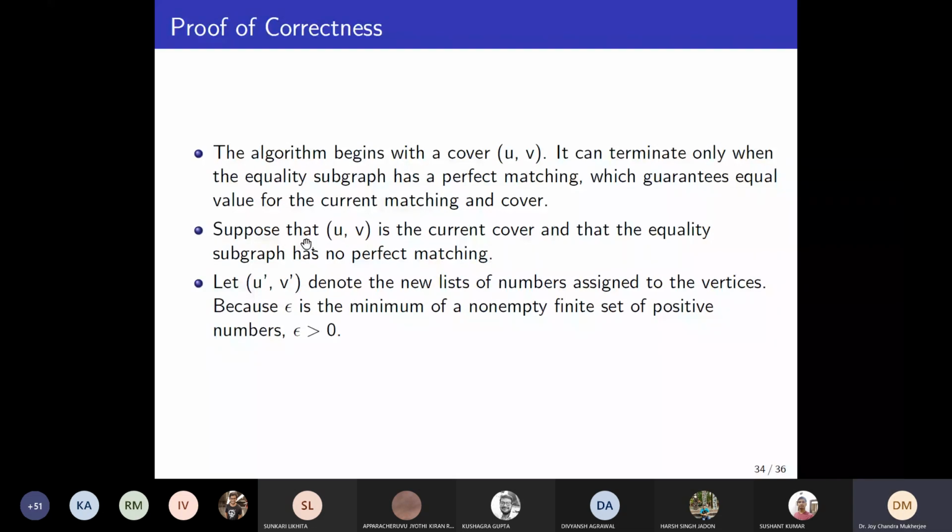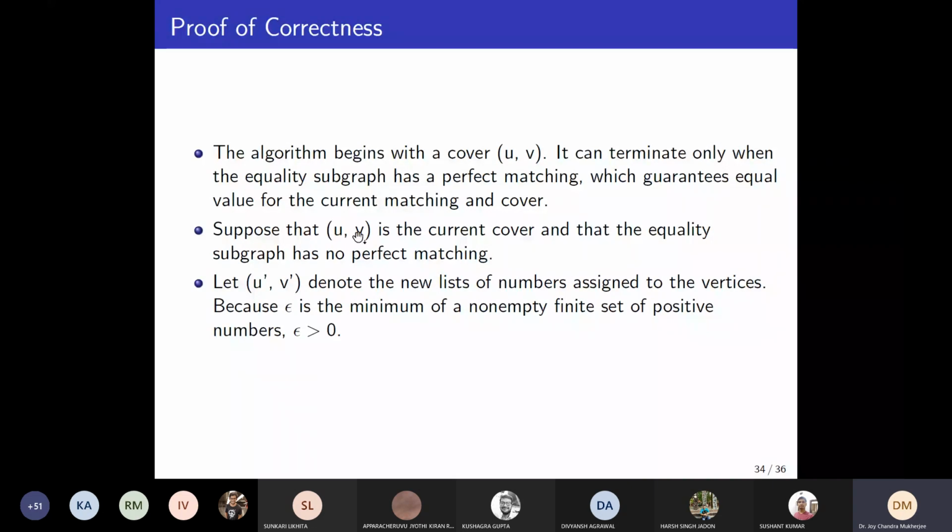Now in every iteration, suppose uv is my current cover and the equality subgraph doesn't have a perfect matching. So what did we do? Let u prime v prime be the new vectors we get while manipulating. So u is changed for some vertices. If the vertex belongs to x minus r, then u prime is u minus epsilon.